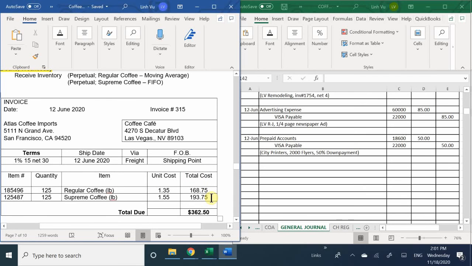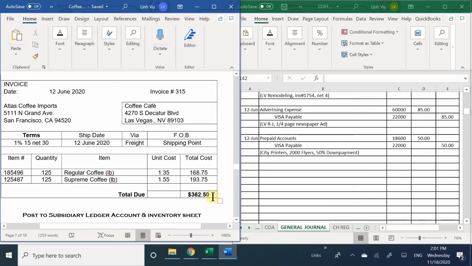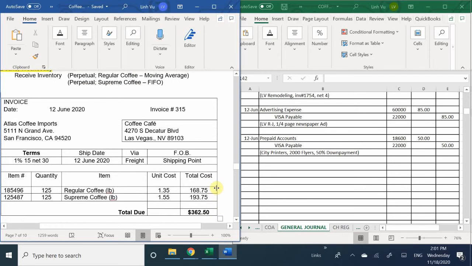The 1% at 15, net 30. And the total due of 362.50. Okay. So again, because the assumption is we're not going to pay now, we're going to owe it, right? Correct. So how do we journalize perpetual inventory?